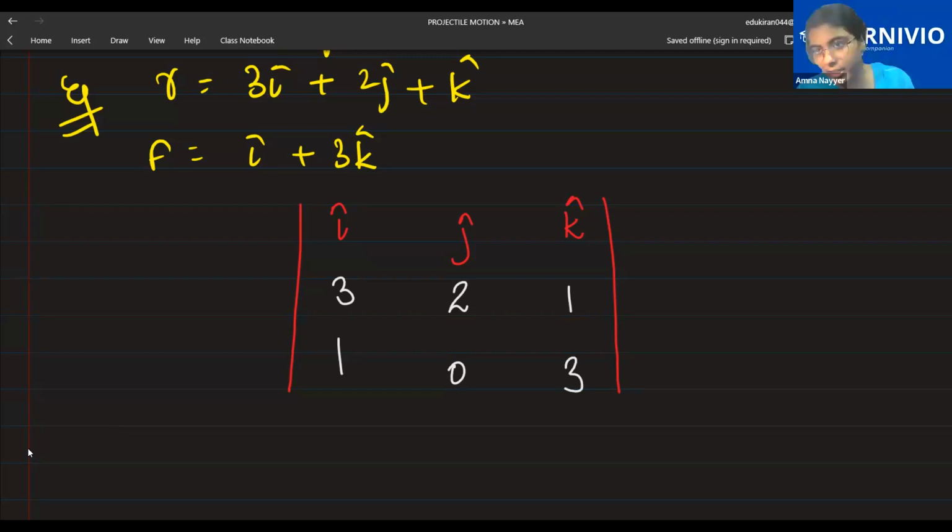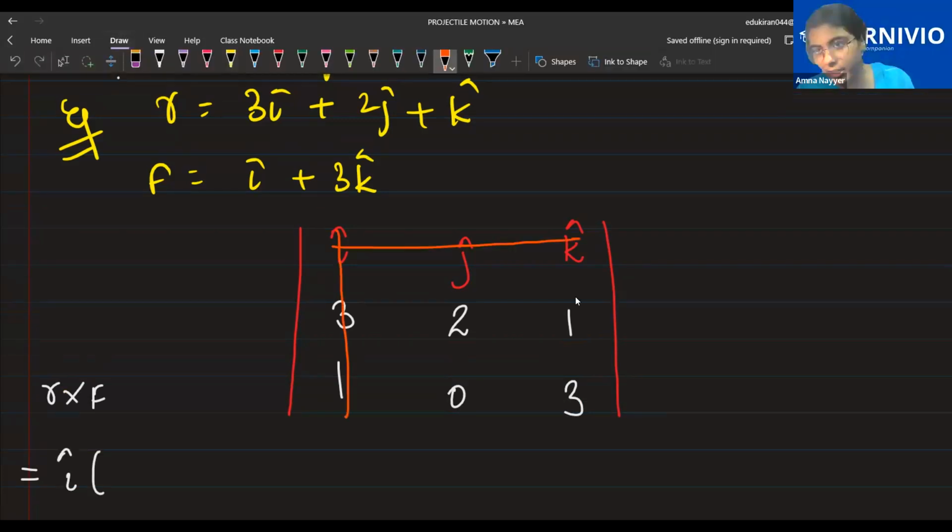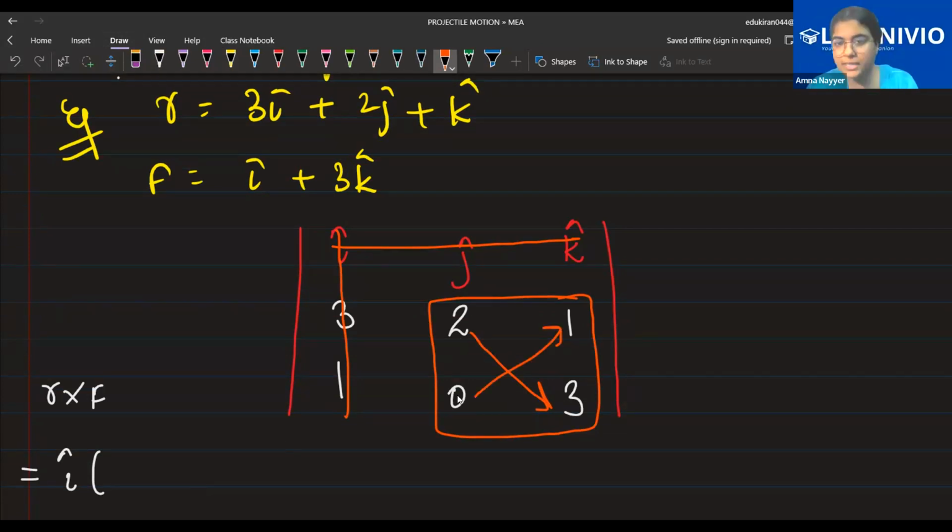Whenever you have two vectors, like I have R cross F here, for I cap I can do one thing: cut the entire row and column of I. Now we take vertically downward, means 2 into 3 first, minus 0 into 1.